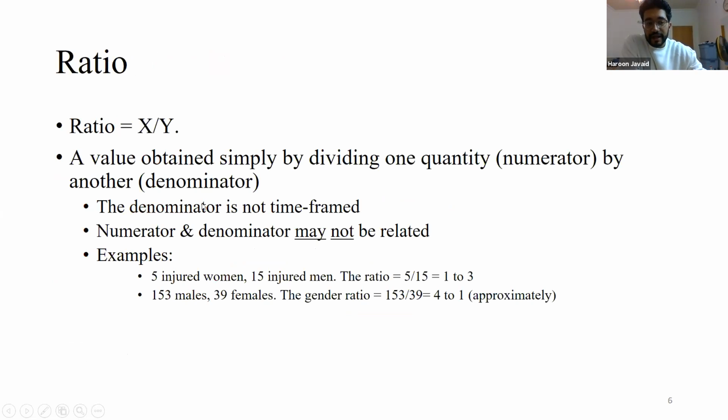The denominator is not related to time. That's number 1. The second thing is numerator and denominator may not be related. The perfect example of this is odds ratio, because the numerator and the denominator were not related to each other, as in they weren't inclusive of each other, okay?